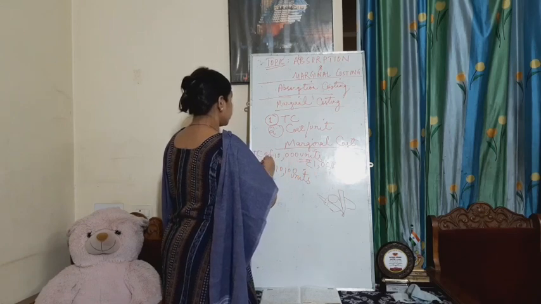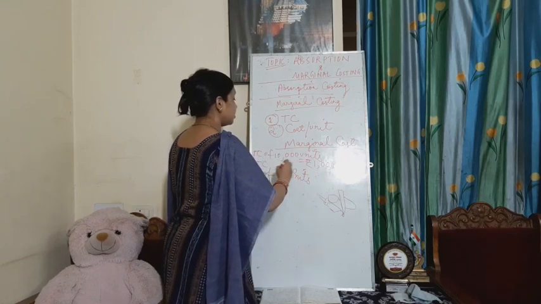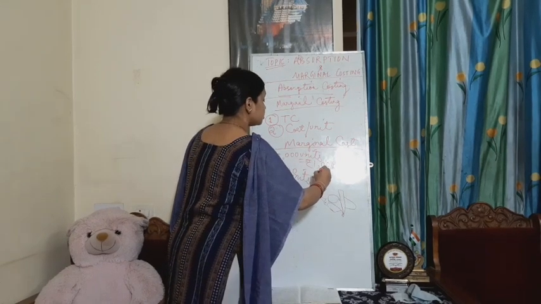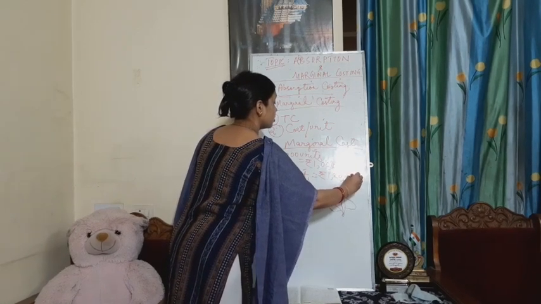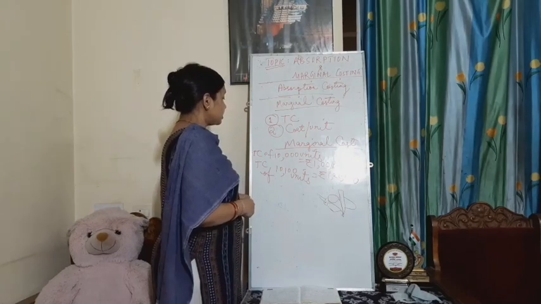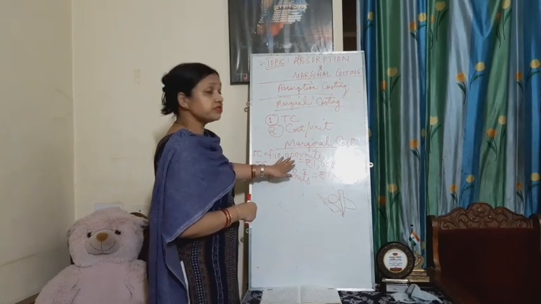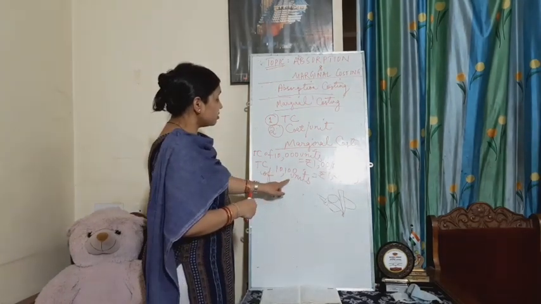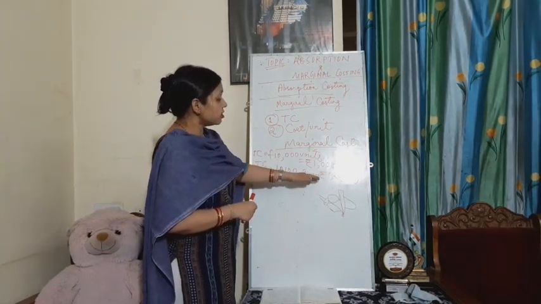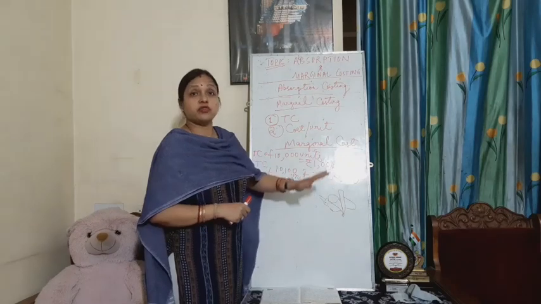And if the total cost of producing 10,100 units, let us say, comes to rupees 1,20,000. So, my dear students, just see here, while producing 10,000 units, the total cost was rupees 1 lakh, but while producing 10,100 units, the total cost increases to rupees 1,20,000.